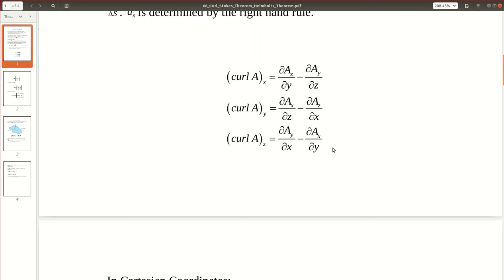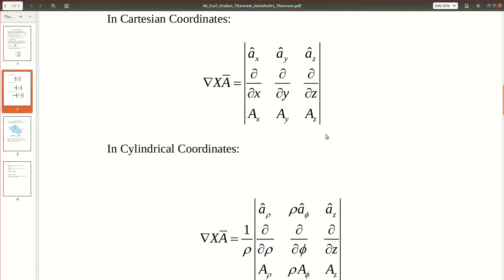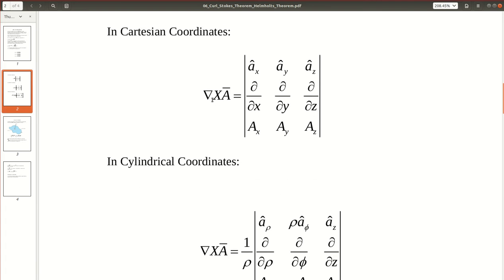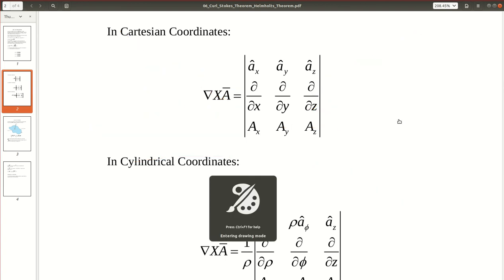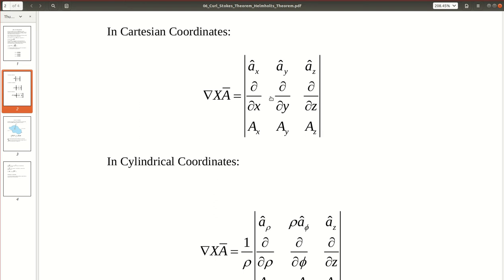Now we can simply use the cross product. If I may review, if we take a cross product b, you remember what we do? We take each part of a, put it here, ax, ay, az, and b, bx, by, bz.